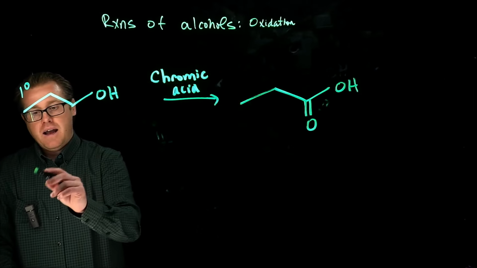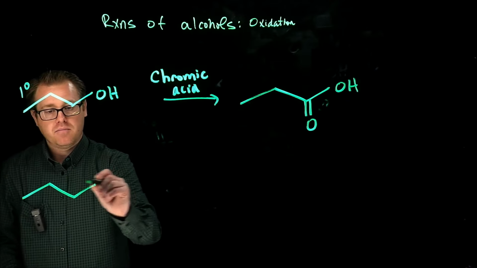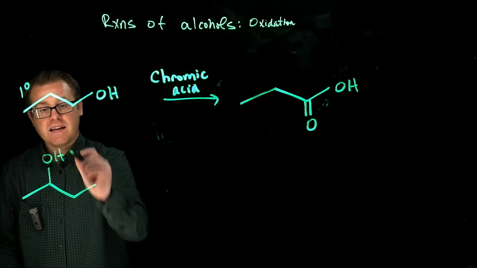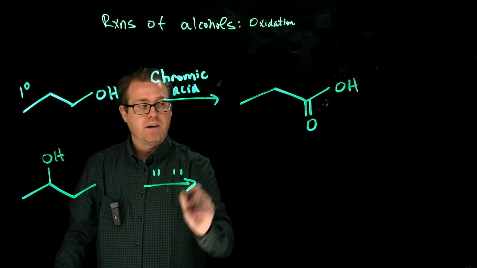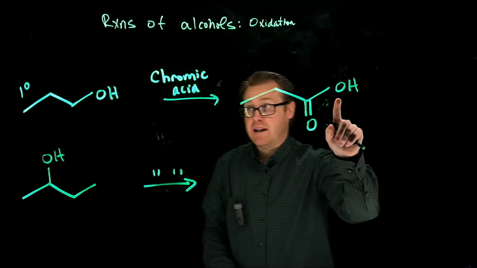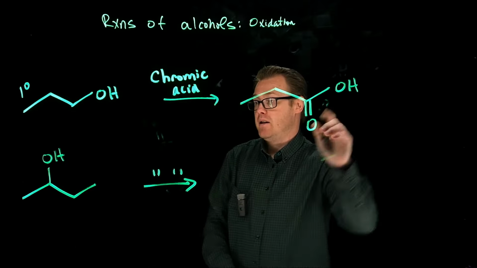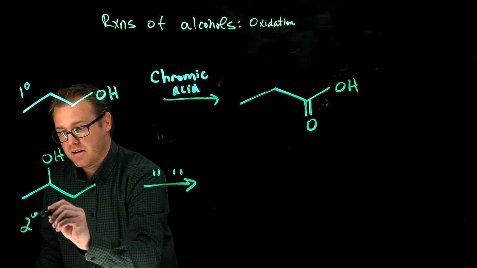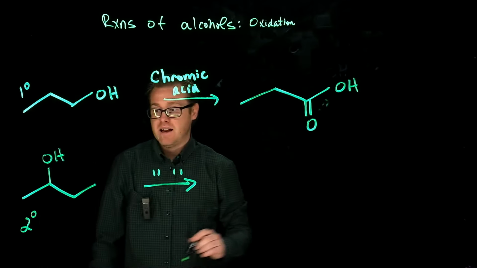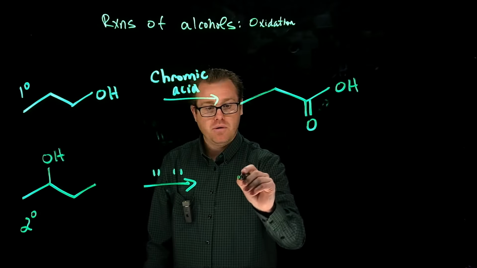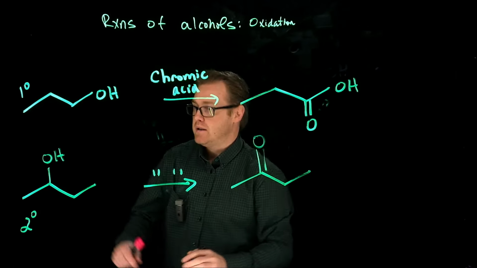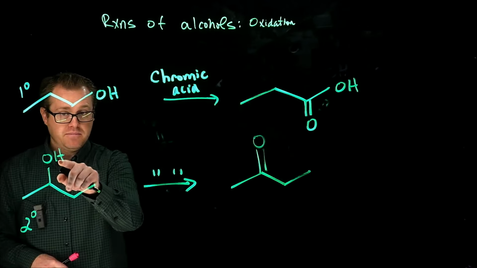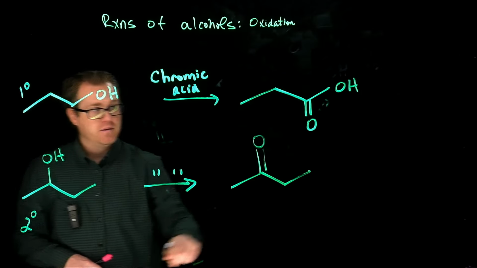What if I take a secondary alcohol and treat it with chromic acid? What am I going to get? I'm not going to get a carboxylic acid because this is secondary. Okay? In a secondary, all I'm going to do is put a double bonded O. So I get rid of the hydrogen and just put a double bond.